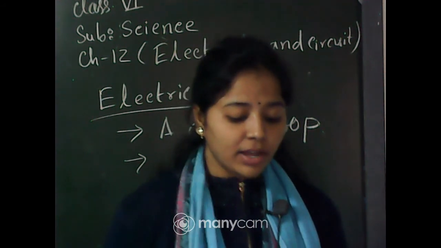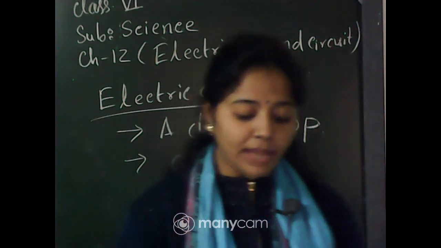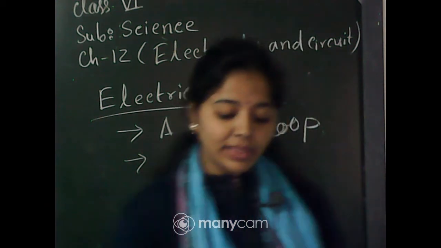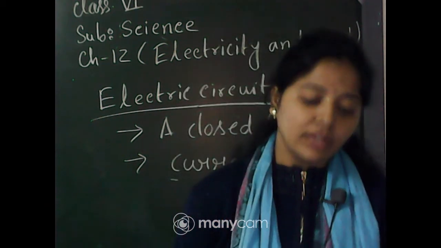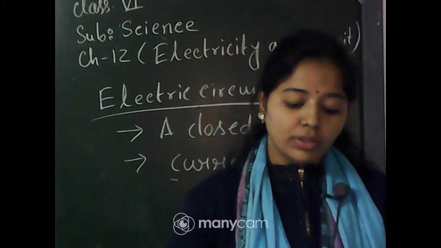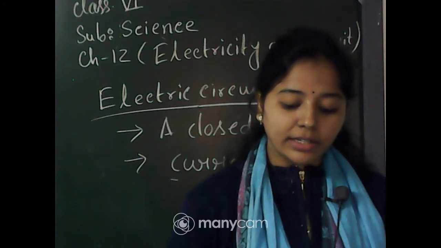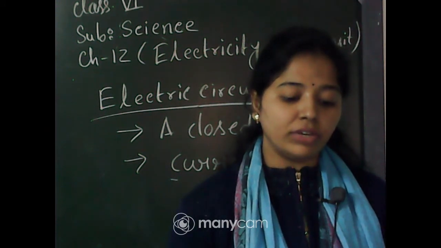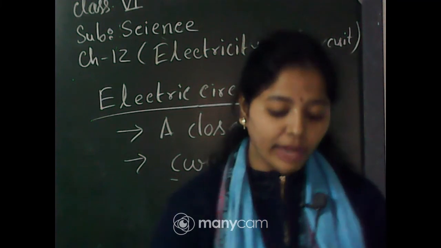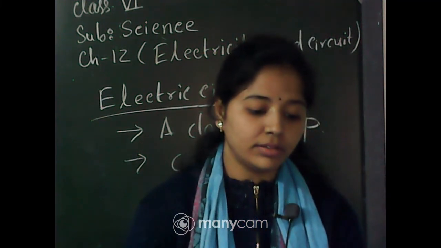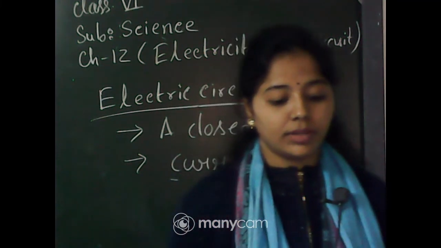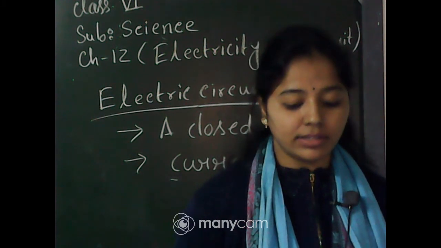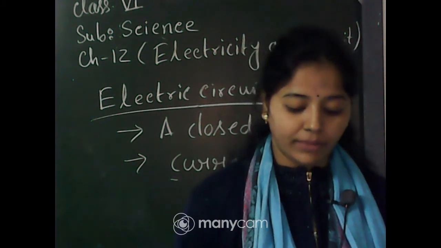Understood this point? When there is a break in the path, means when a switch is open, then the circuit is open, so it will not conduct the current, so the current will not flow through that, okay? Understood this point, students? Okay, very good.